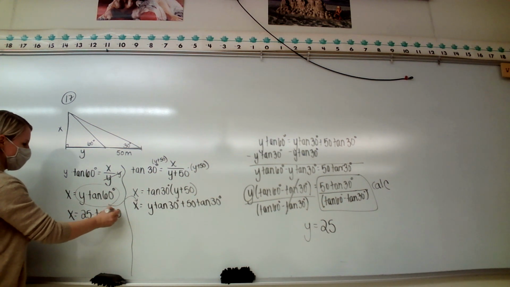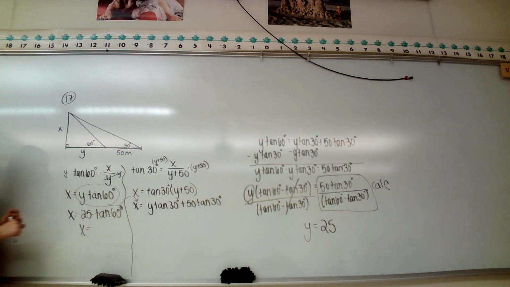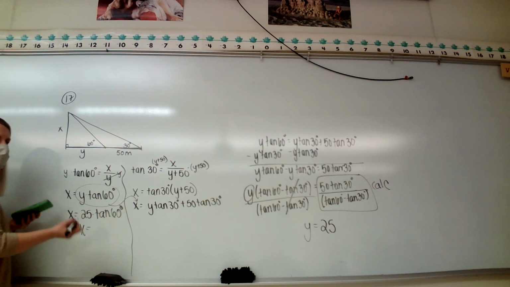Don't go back to anything too crazy; find whatever's easiest and plug into that. So 25 times tangent of 60 is 43.3. Yeah, that sounds good. It's 43.30.